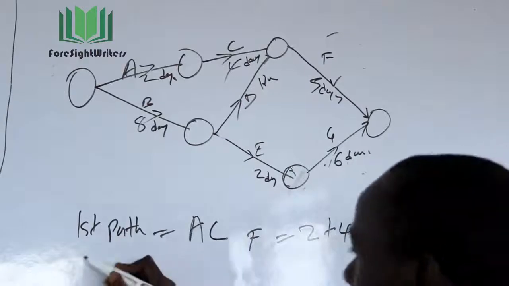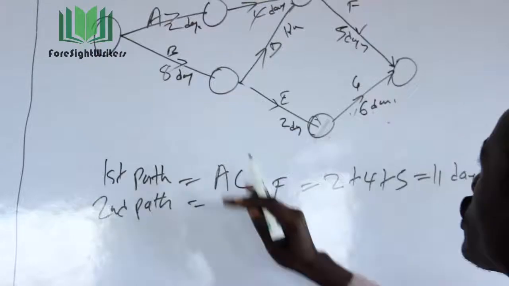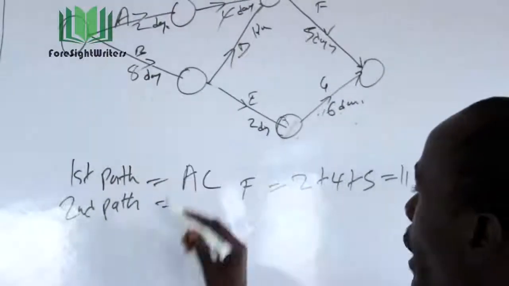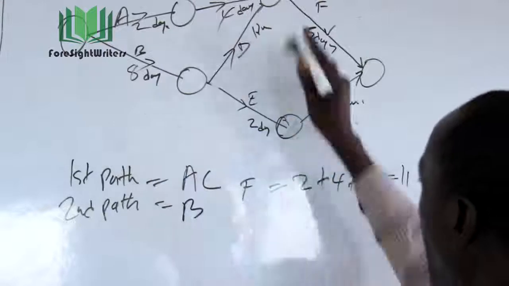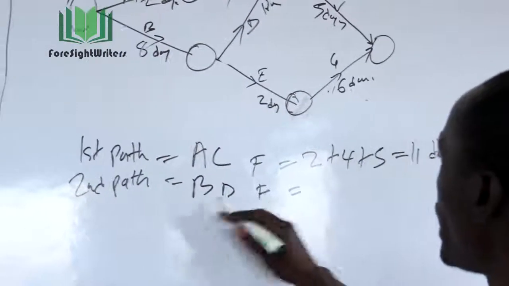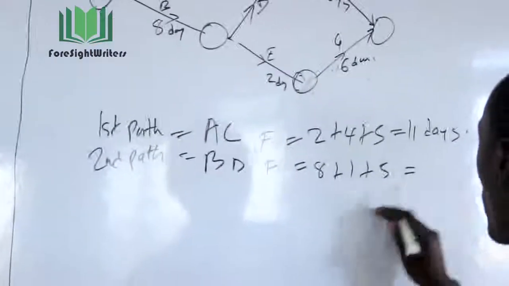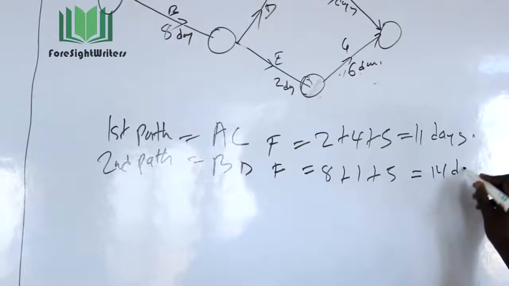We need to go to the second path. We establish which is the longest path. So the second path can be B, then I come to D, then I come to F. So B is 8 days, D is 1 day, F is 5 days. This is 14 days.